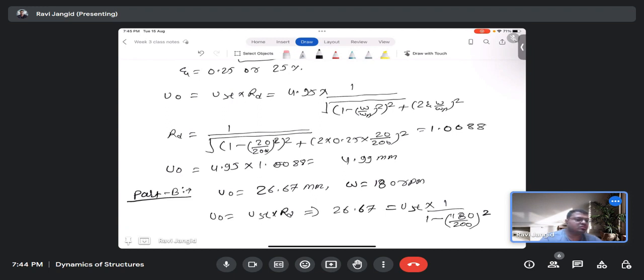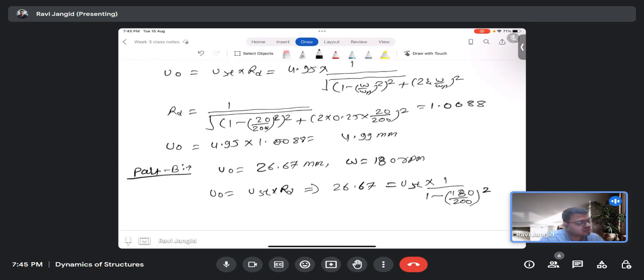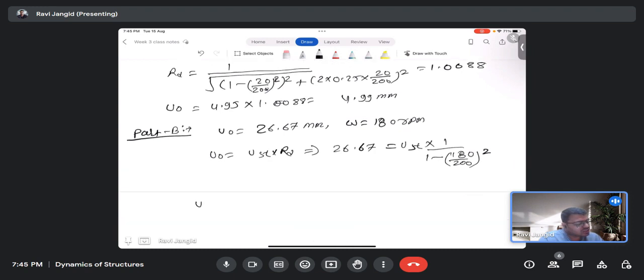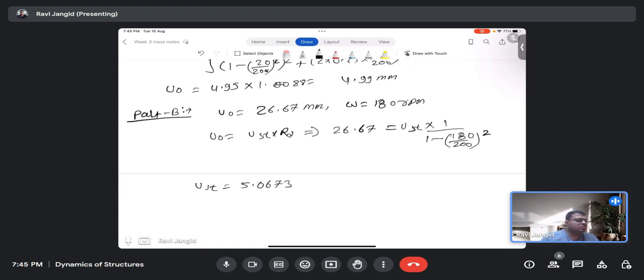26.67. Okay, so from here I am getting my ust as 5.0673. Now find the u naught with the damping of 0.25, or 25%.